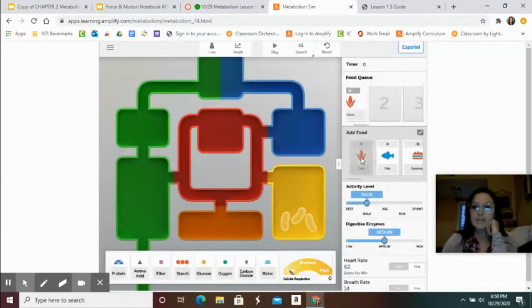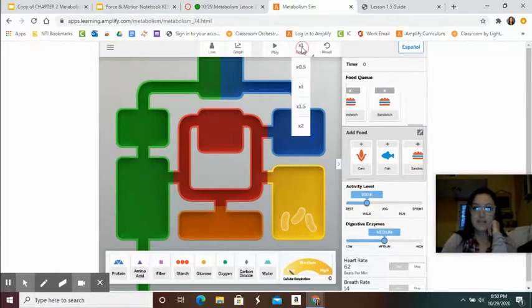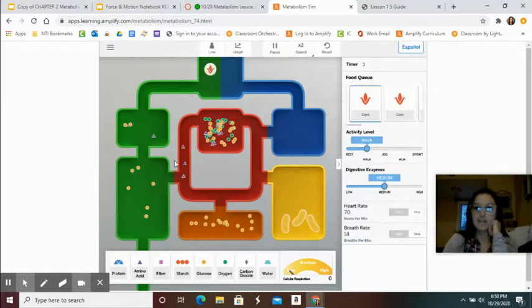And so I'm going to add 2 corn, 2 fish, and 2 sandwiches. It is still set at walking. And so I'm going to speed it up. And so this is going to be injury to the pancreas. And set it and let it run.